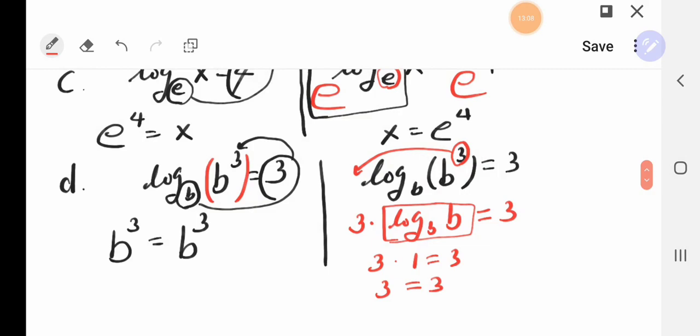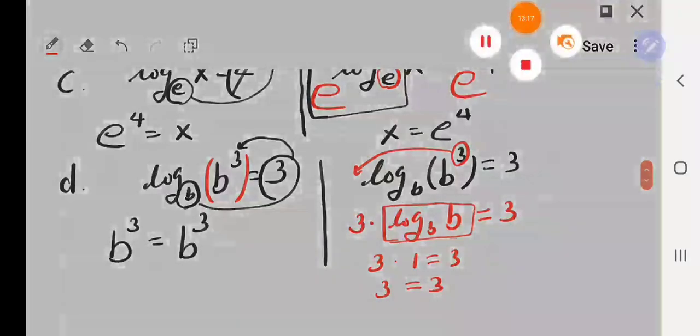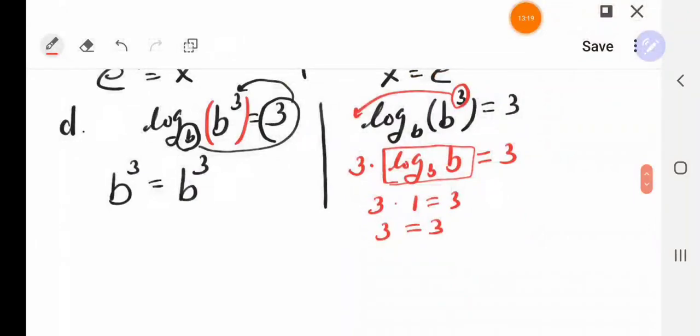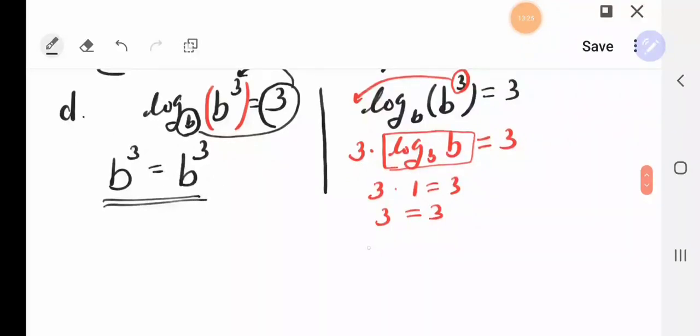Actually we want to write an exponential form, right? Let me rewrite the question so that we can make an exponential form, which is the same as the left hand side. Here is the logarithm base b of b cubed is equal to 3. We don't need this parenthesis.